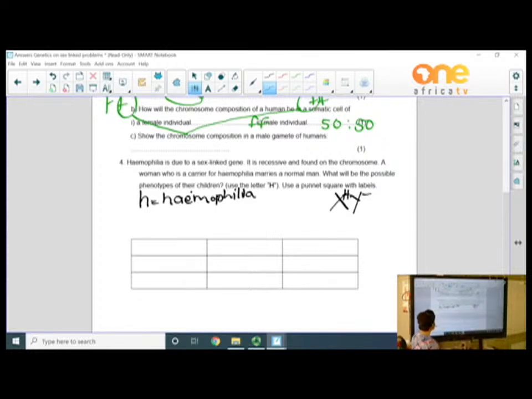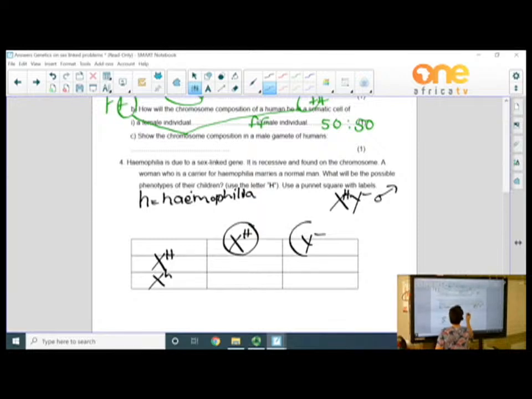That is the male. Okay, you agree? Male. So let's write down the male in there. And the female is a carrier. So she will have the normal and the recessive. Because we are talking about gametes, we need to put in our circles. Right?